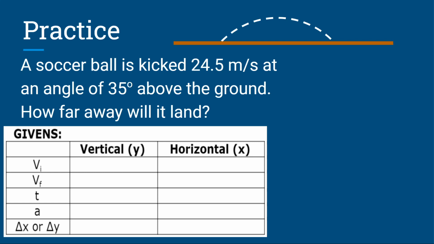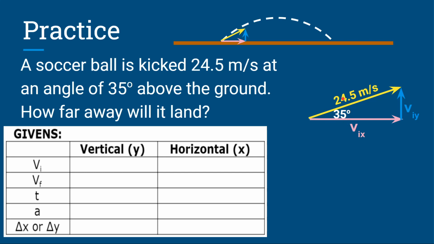The question says, a soccer ball is kicked 24.5 meters per second at an angle of 35 degrees above the ground. How far away will it land? Again, in this example, we have an object that has a diagonal velocity because it was kicked both forward and upward. And so we have this 24.5 meters per second, but it's at this 35-degree angle with the ground.